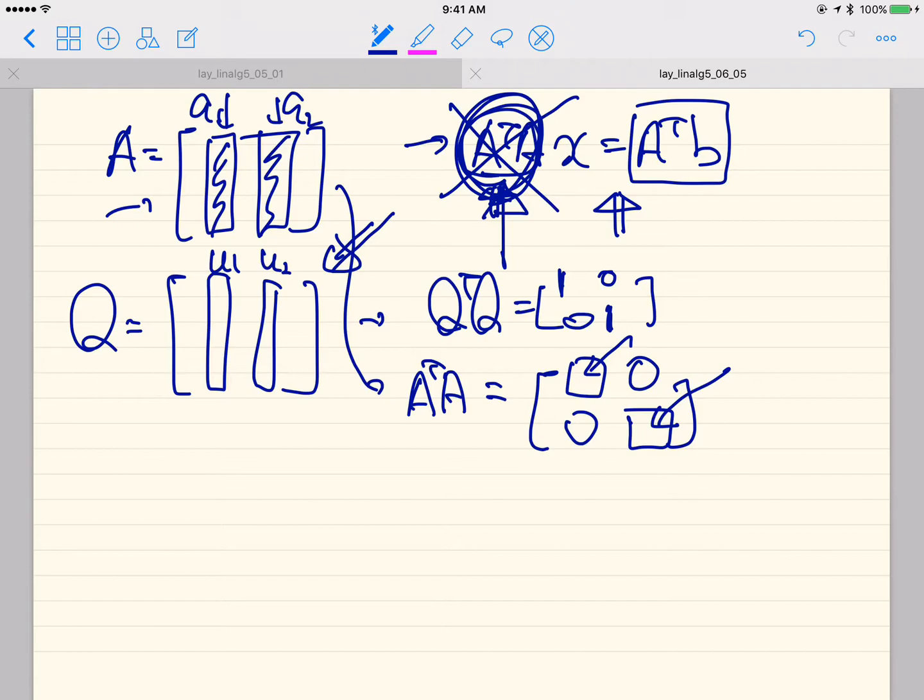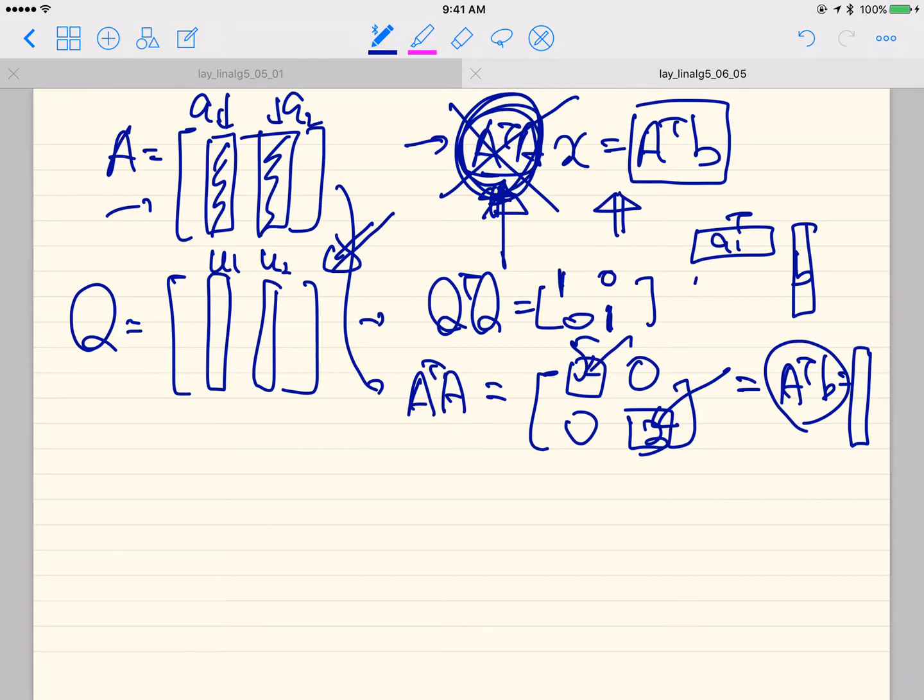The squared lengths were 5 and 3, and this will become 5 and 3, right? And then you will obtain this A transpose B as just some vector, which is nothing but the inner product between A1 transpose and our B, and A2 transpose and our B. That's how we obtain these two entries, right?